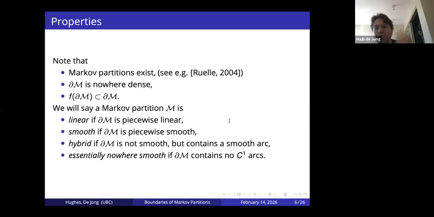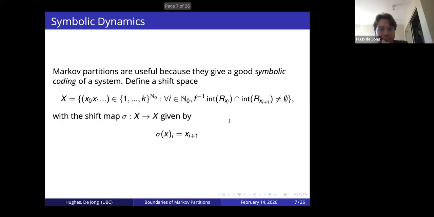The reason we introduce this term is to give a name to qualitatively different behavior from the nowhere smooth, or essentially nowhere smooth case, and the smooth and linear cases. So we'll see an example of what that looks like.